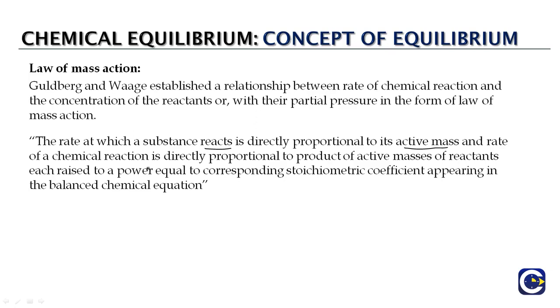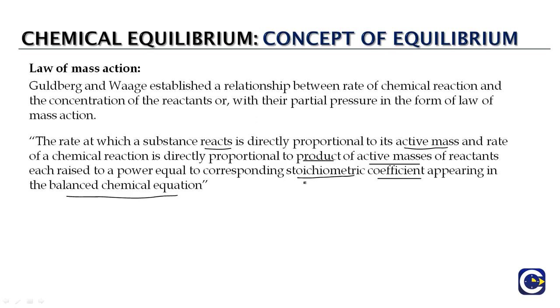When one single substance is undergoing the reaction, the rate is proportional to the active mass, and when a reaction has multiple reactants, the rate is directly proportional to the product of active masses of the reactants, each active mass raised to the power equal to the corresponding stoichiometric coefficient appearing in the balanced chemical equation.